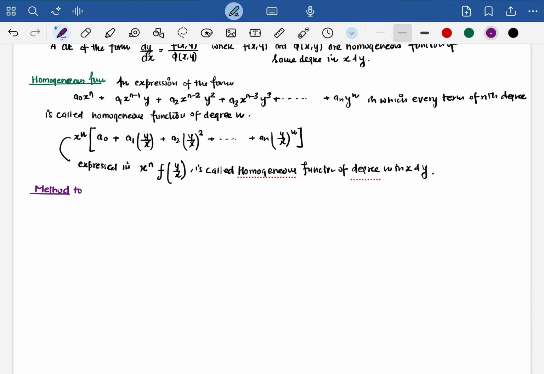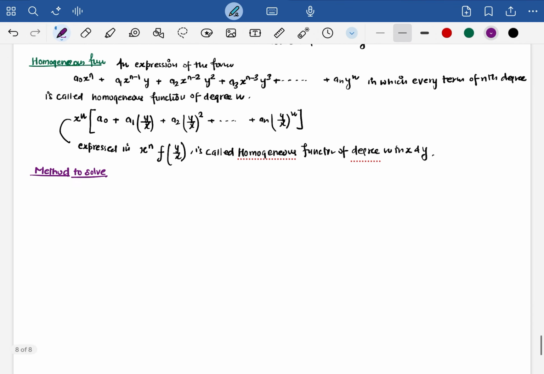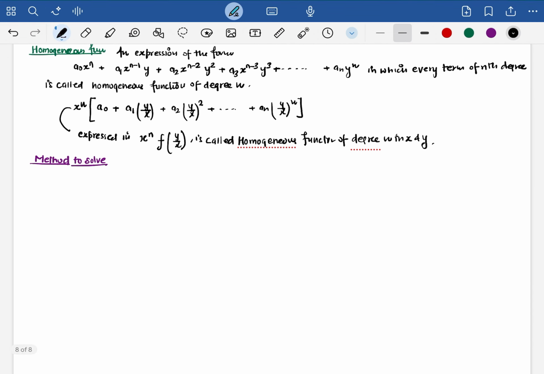So what is the method to solve this? Remember, these are very simple steps. In the first method, the method of variable separable, we had x and dx on one side and y and dy on the other side, and then integrated. This is similar, but we need to do some necessary steps. First, put y = vx and differentiate with respect to x.